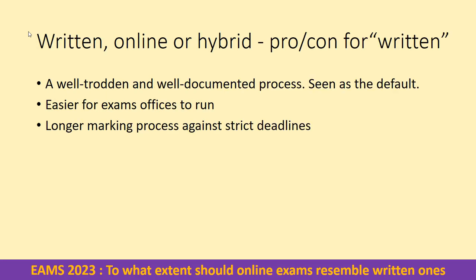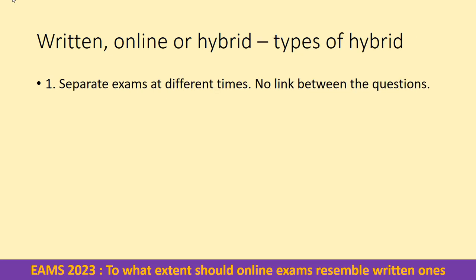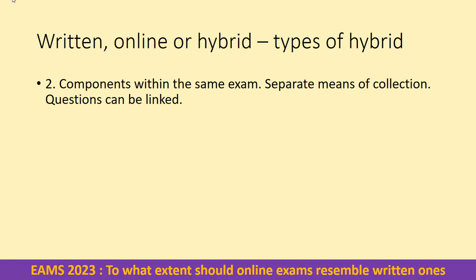When considering if assessment should be written or online, we can see some of the pros and cons for written exams here. We can see some of the pros and cons for online exams here. But we also need to consider a hybrid option. Now, a hybrid option could take several different forms. It could be that you have different exams at different times, with no link between the questions.